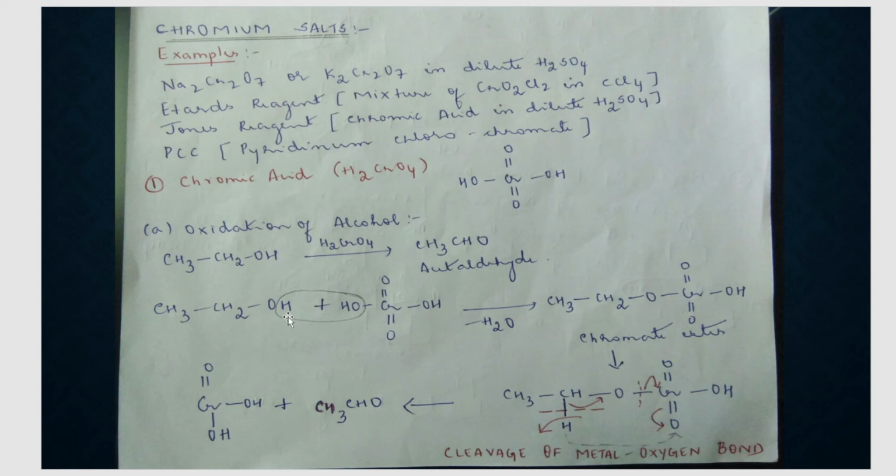Since H has gone as H plus, oxygen will have a minus charge. Chromium here will have a plus charge because OH has gone out as OH minus. So you can join this oxygen to this chromium metal, correct? So join it, and what is this? We have simply joined that oxygen to chromium, and this is our chromate ester.